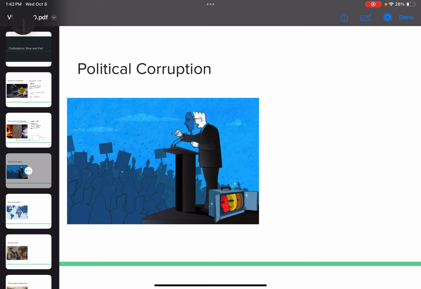Political corruption, this is a hot topic. This is what the majority of my students polled as their biggest concern when it comes to the corruption of modern day societies. This can come in a ton of different ways. The big one is weak leadership.